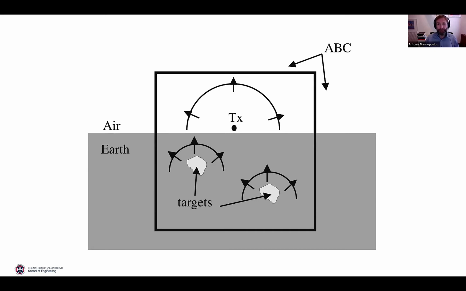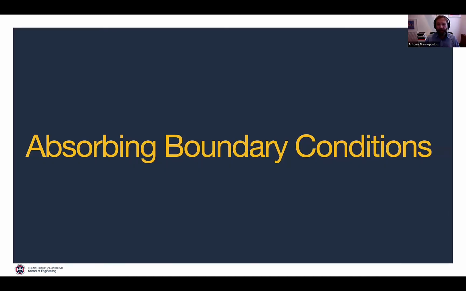At that space position, the fields cannot just stop. From the field perspective, it should appear that there is no boundary, and this artificial boundary has to pretend and mimic in a way the continuum space beyond that boundary. So that's why we create absorptive boundary conditions.